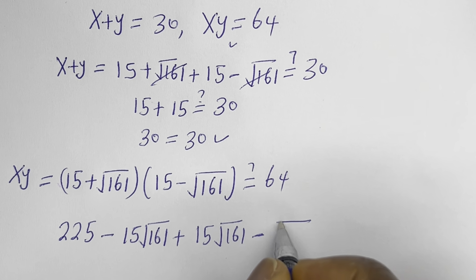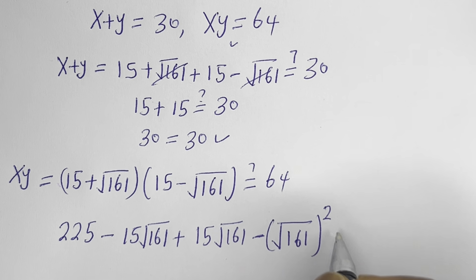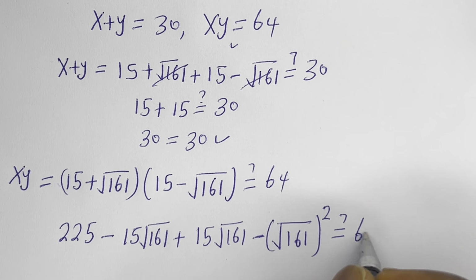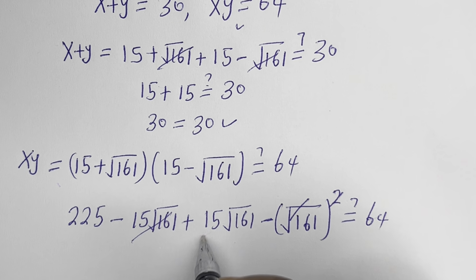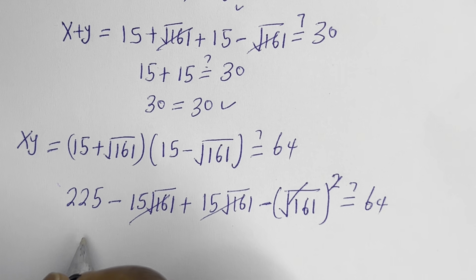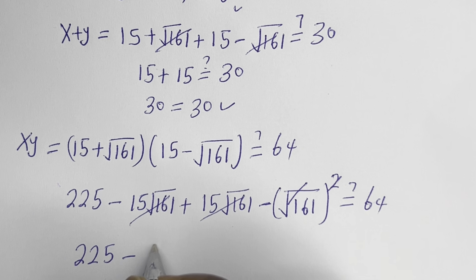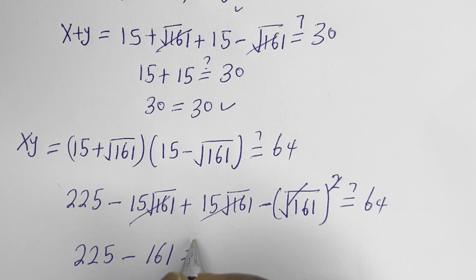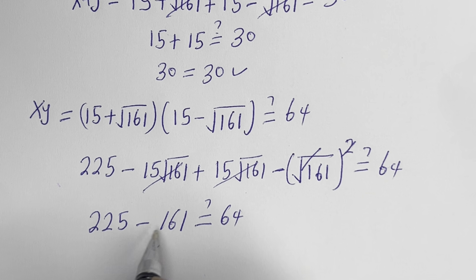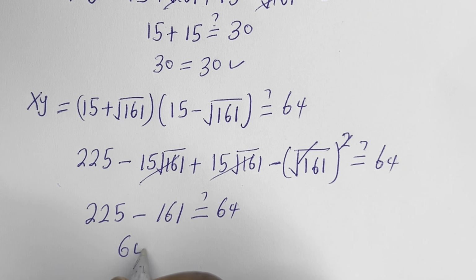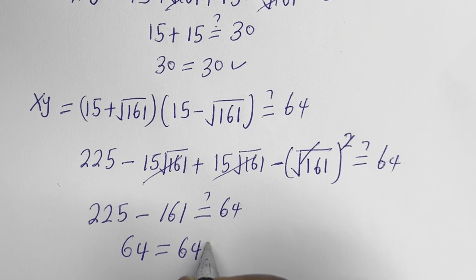This is square root of 161 squared, must be equal to 64. This we cancel this. Then this we cancel this. We have 225 minus 161 must be equal to 64. And of course, 225 minus 161, this is 64, is equal to 64, which is true.